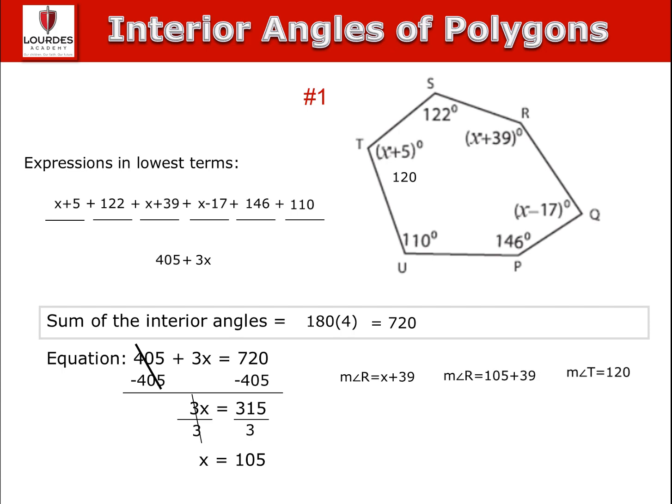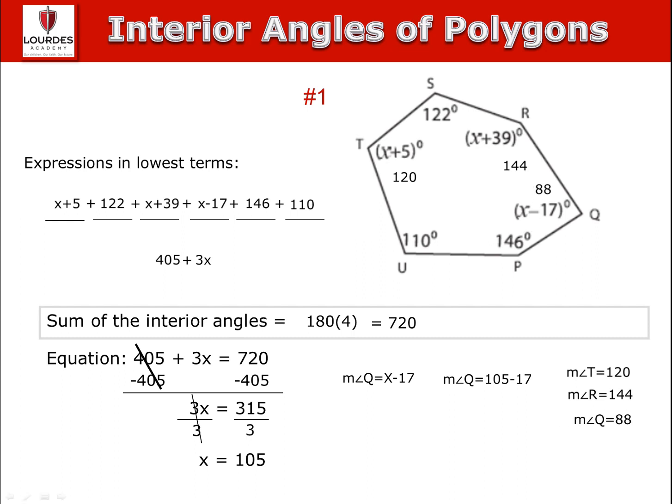So put in my 105, and the measure of angle r is 144. And finally, the other missing angle, the measure of angle q is equal to the expression x minus 17. I put in my 105, and the measure of angle q is 88 degrees.